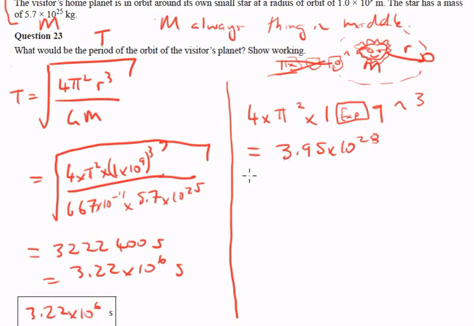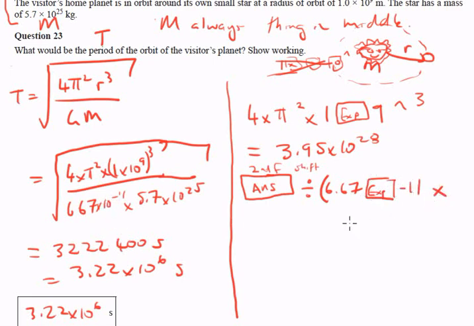After I've done that, I get that answer, and some of you have got an answer button on your calculator, some of you have to push second function answer or shift answer. But usually the answer button's down near the equals, but I get the answer and I divide it by bracket all of this, 6.67 again EXP, which is 10 to the power of, minus 11 times 5.7 EXP 25 end of bracket equals.